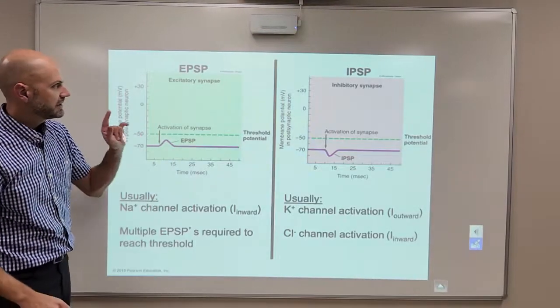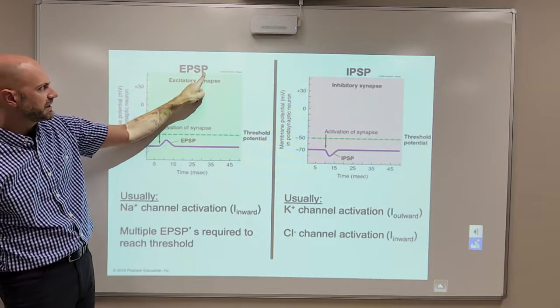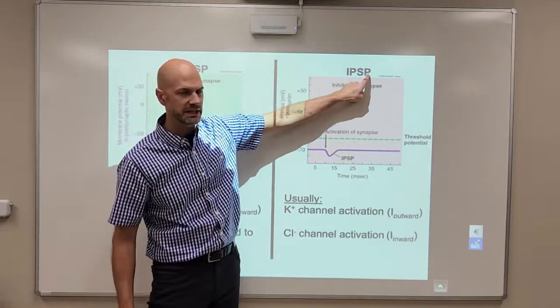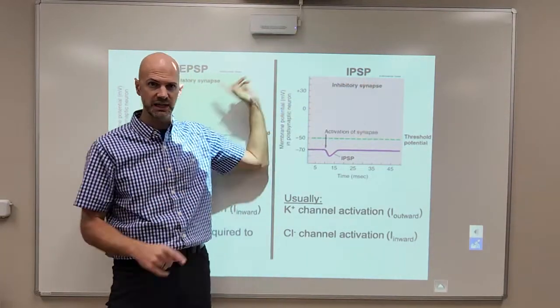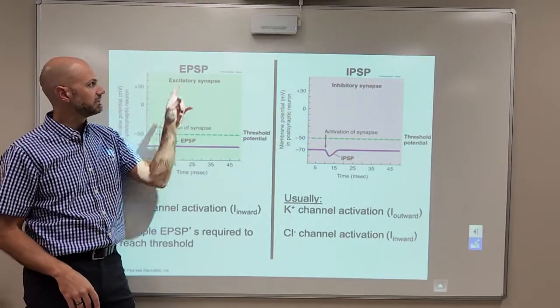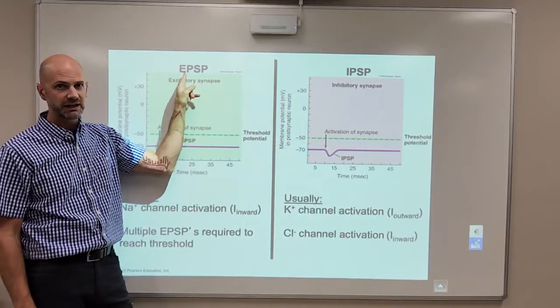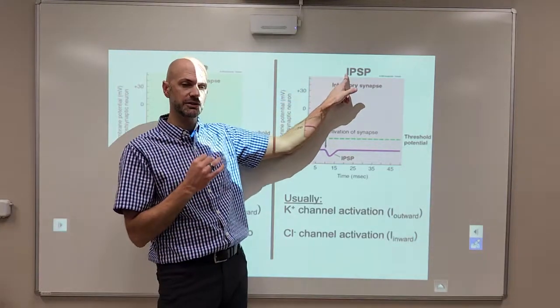So here are the terms that we will come back to in just a little bit: an EPSP or an IPSP. PSP stands for postsynaptic potential, and it's always the same. So really, the only letter here that means anything is the first letter. E is excitatory, and I is inhibitory.